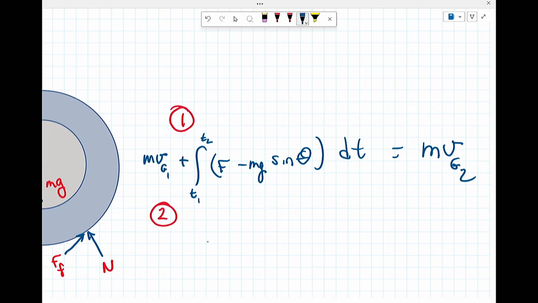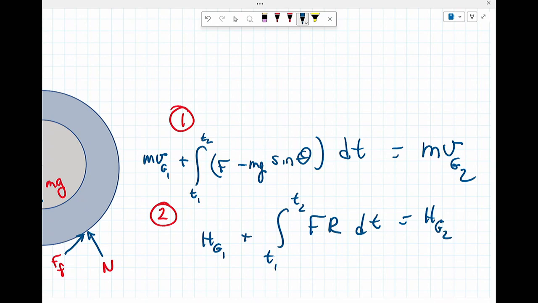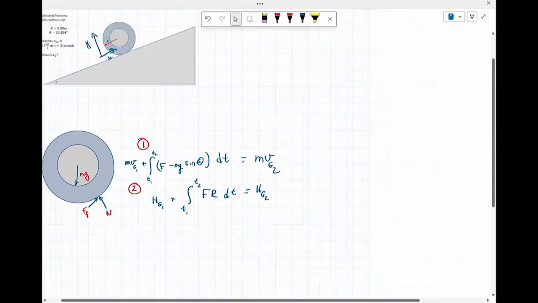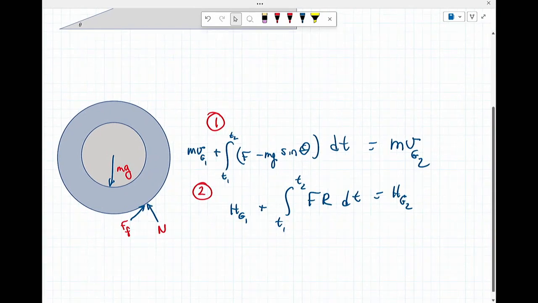I also know that in this particular problem, which I have hidden everything from you, that weight is not causing a moment, normal is not causing a moment, but the friction is.